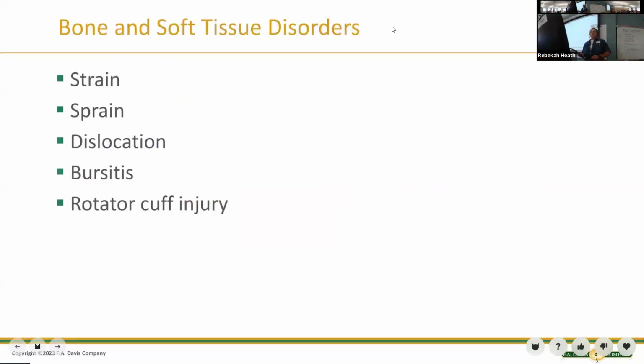So, bone and soft tissue disorders. I want to talk about these a little bit, because you filled out the terms, and so you're able to fill out some of these things. What's the big difference between a strain and a sprain? A strain is a muscle that's been stretched too much.